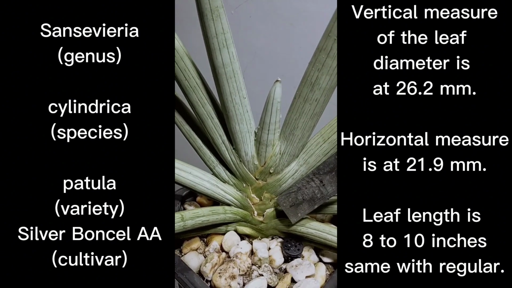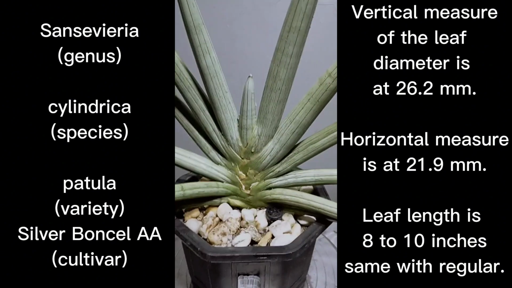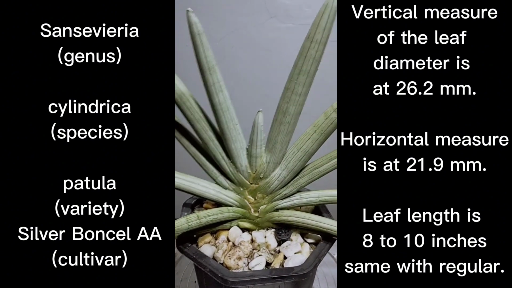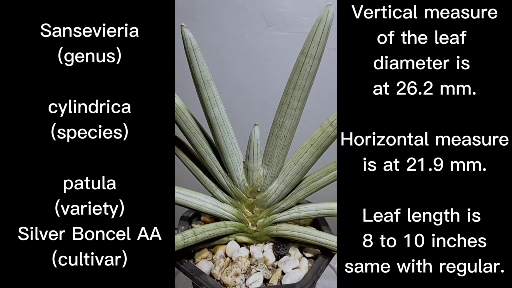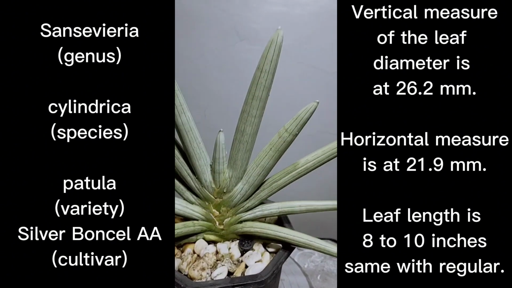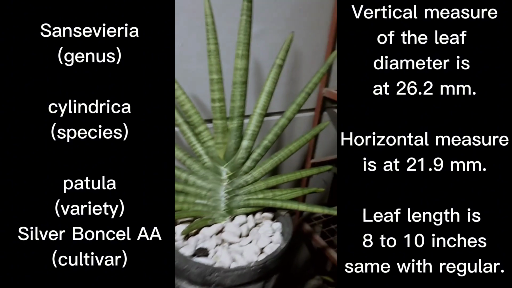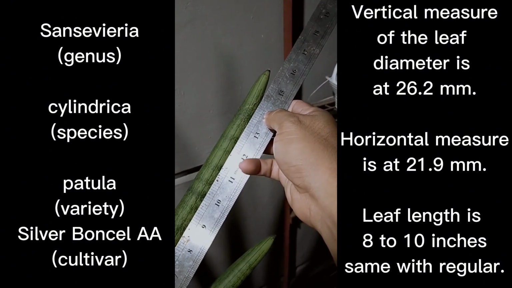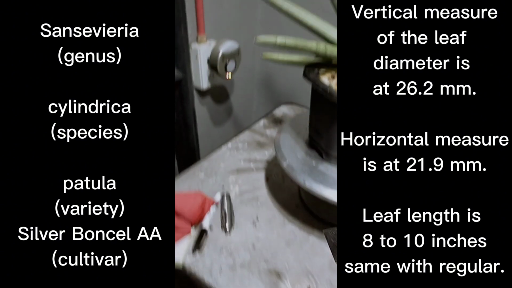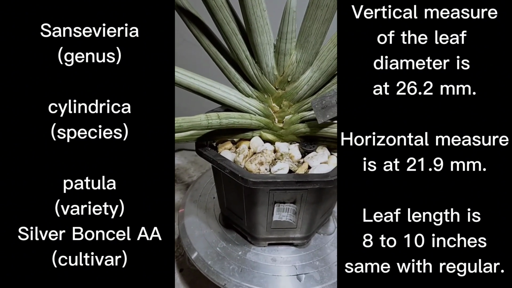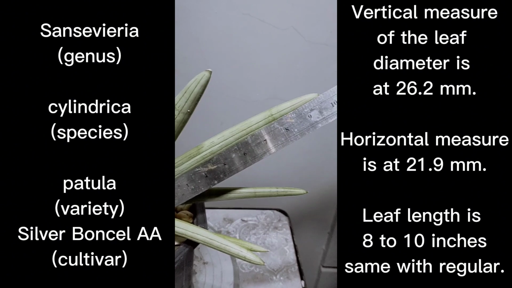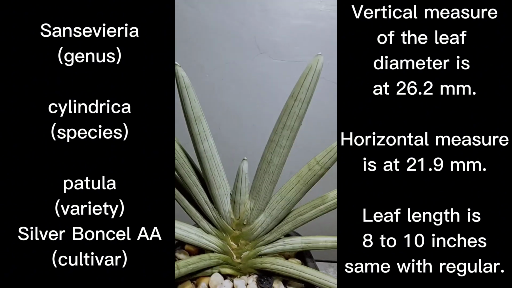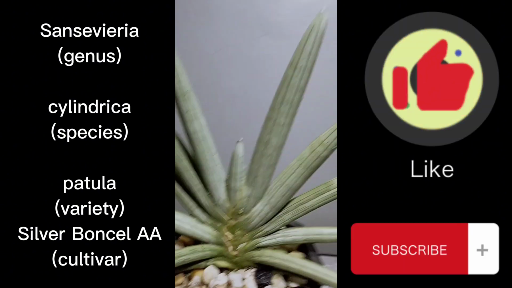Some of the leaves are 8 inches, so I guess it would range about 8 to 10 inches in leaf length in comparison to just the Silver Boncel, which reaches 16 inches. So that's 10 inches versus the 16 of the regular Silver Boncel.